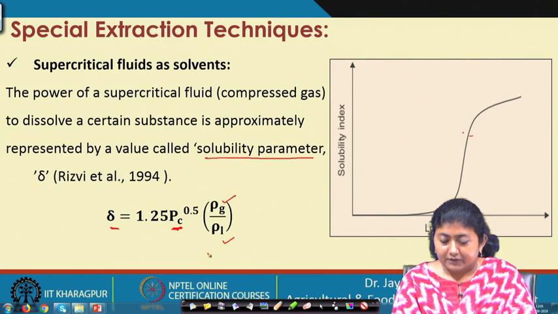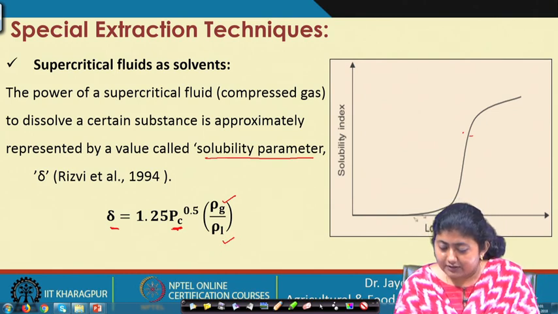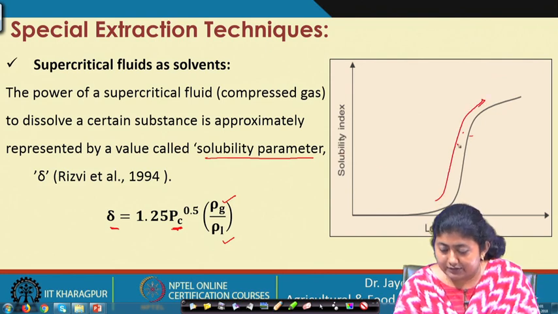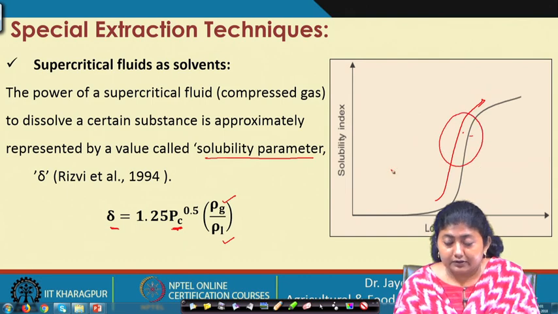Now, we can see that when the gas is compressed, the solubility is very highly increased, and this is the benefit that we try to take out.